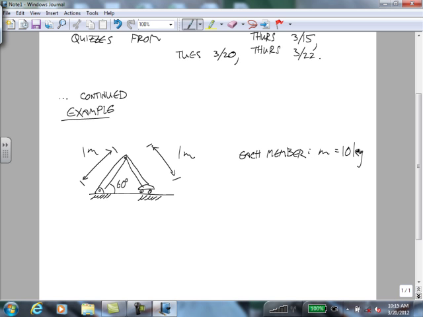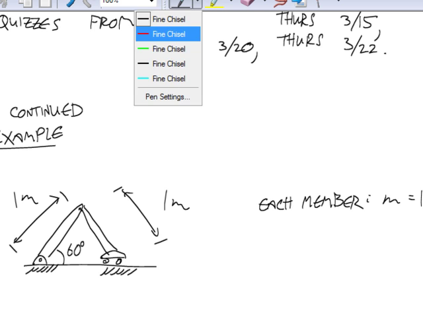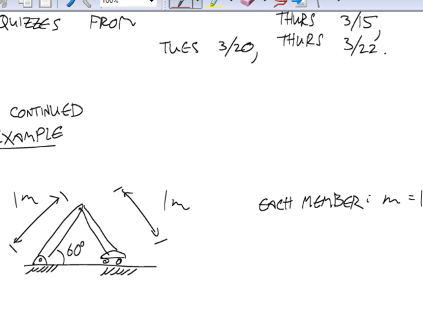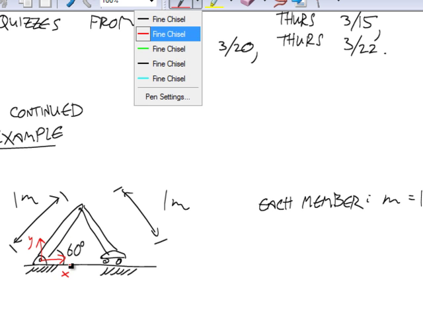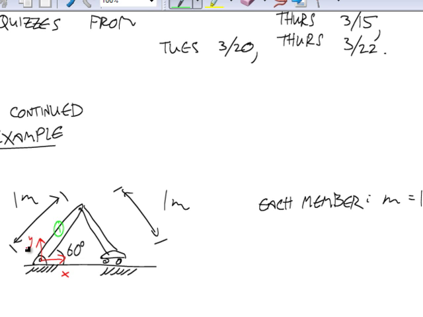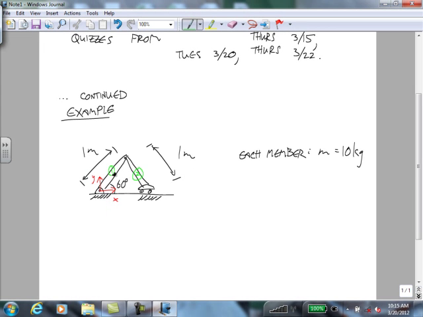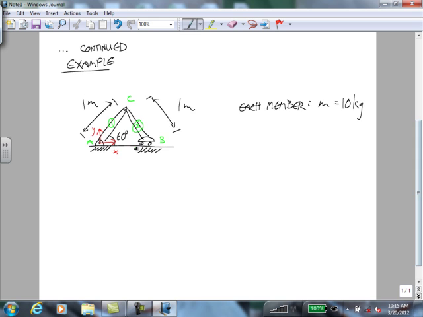Just so we were all on the same page, I put the coordinate system there, and I numbered them member 1 and member 2, and I called the joints A, B, and C. We already did member 1.